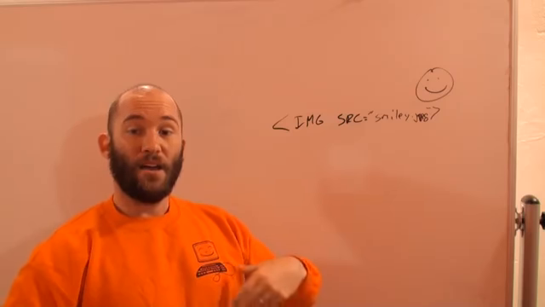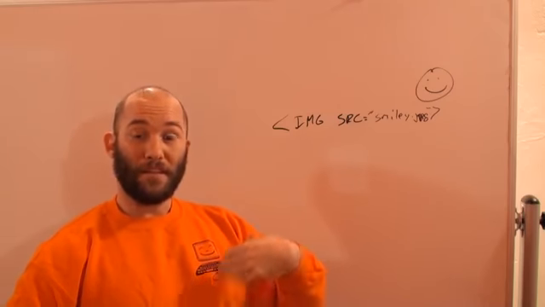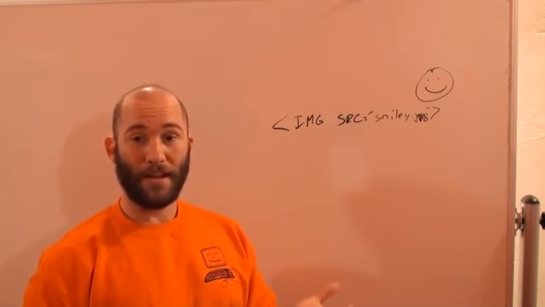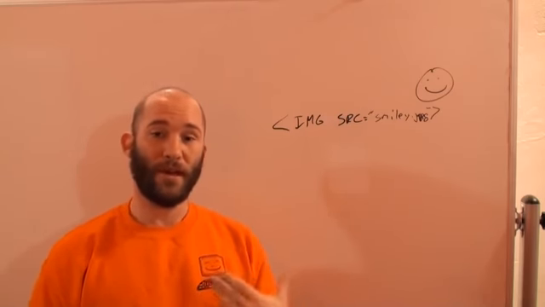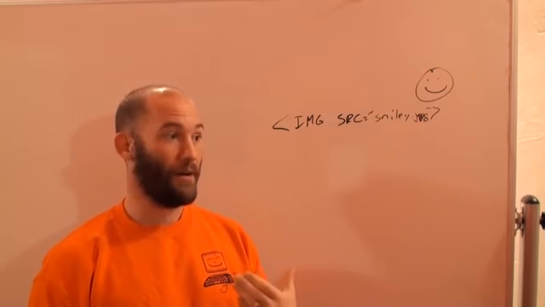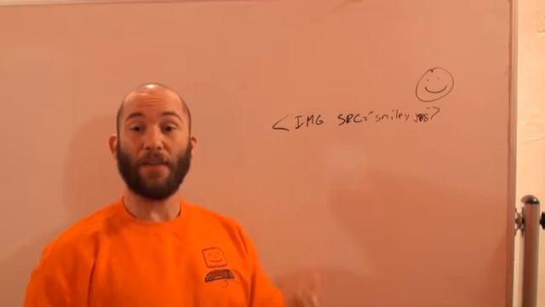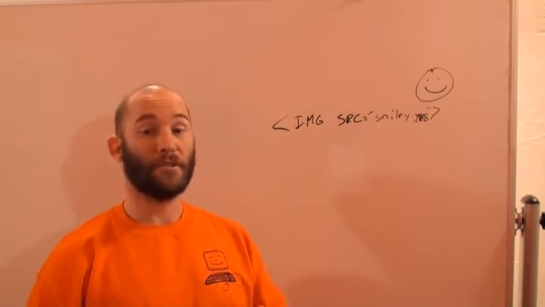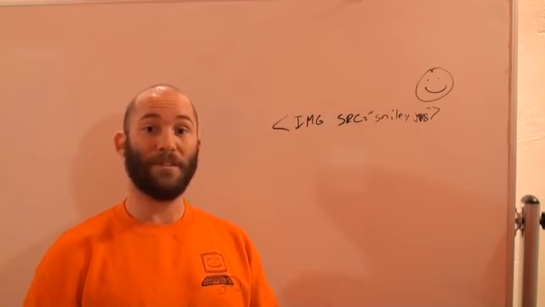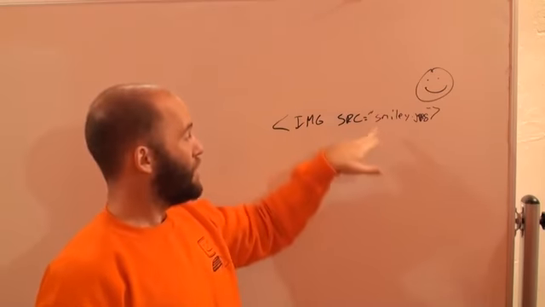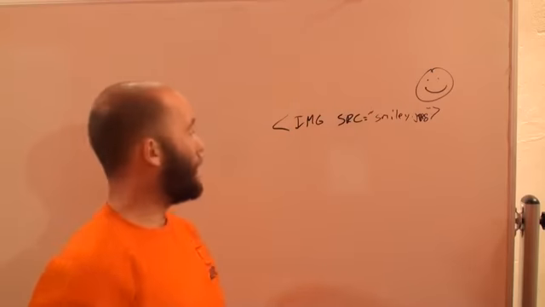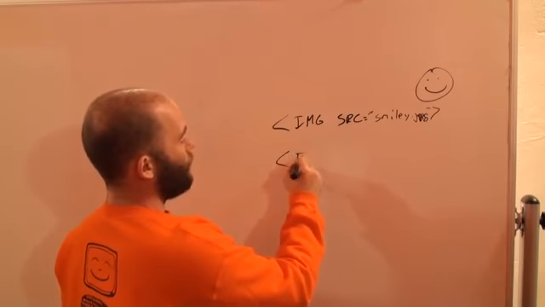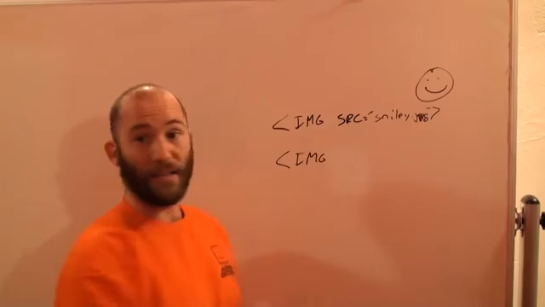You can also display pictures that are on other web pages. If you know the location of a picture on a different website, I use this for like my Craigslist. When I put pictures on Craigslist, I use pictures that I already have uploaded to Everyman IT. So instead of just doing smiley.jpg, you could actually point to the entire web address of the picture.